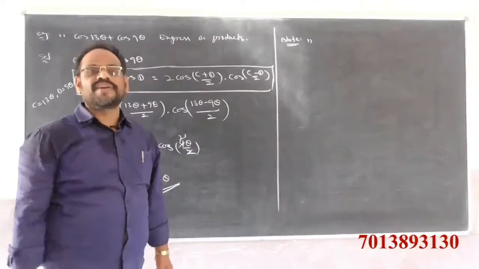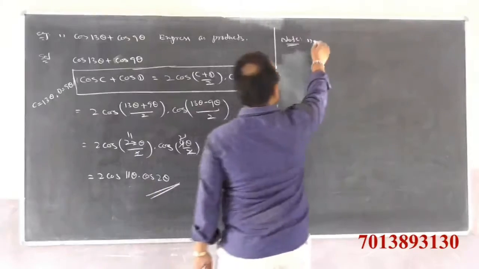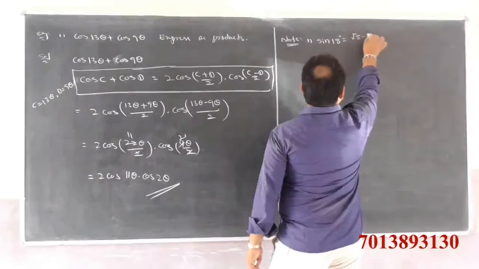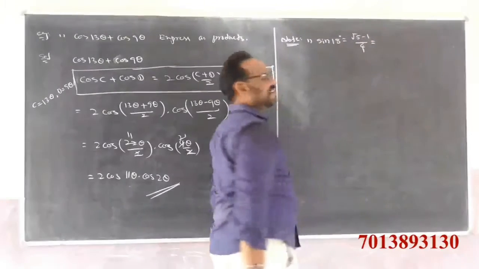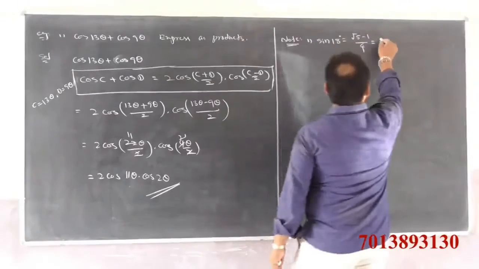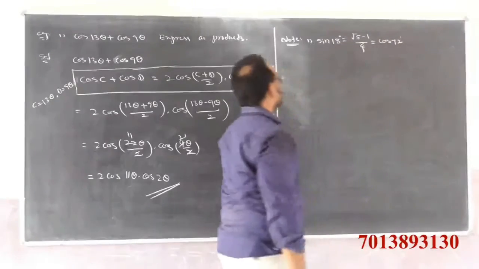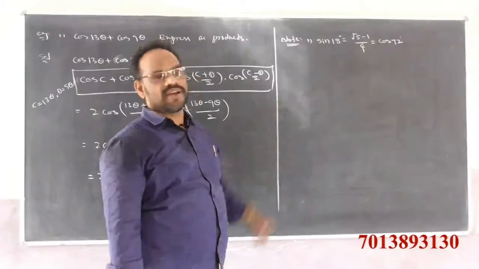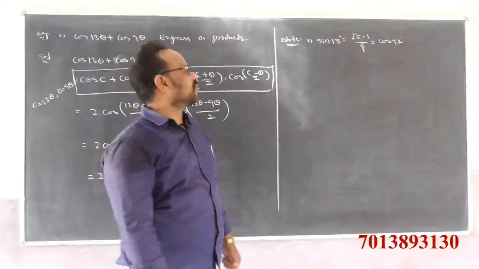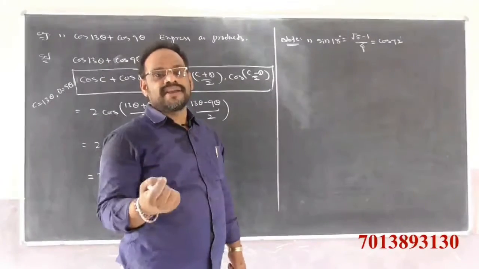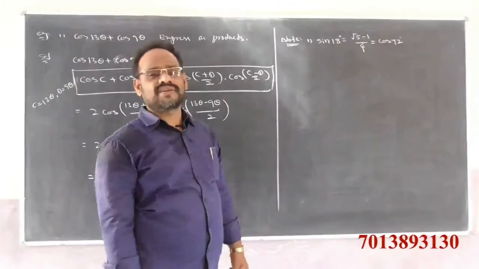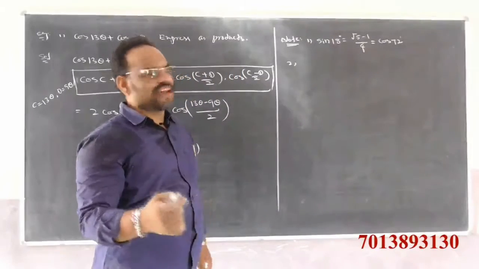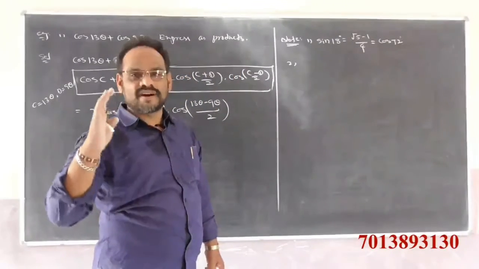Here also very important is the value of sin 18 degrees. Sin 18 is square root of 5 minus 1 by 4, which is the same as cos 72 degrees.